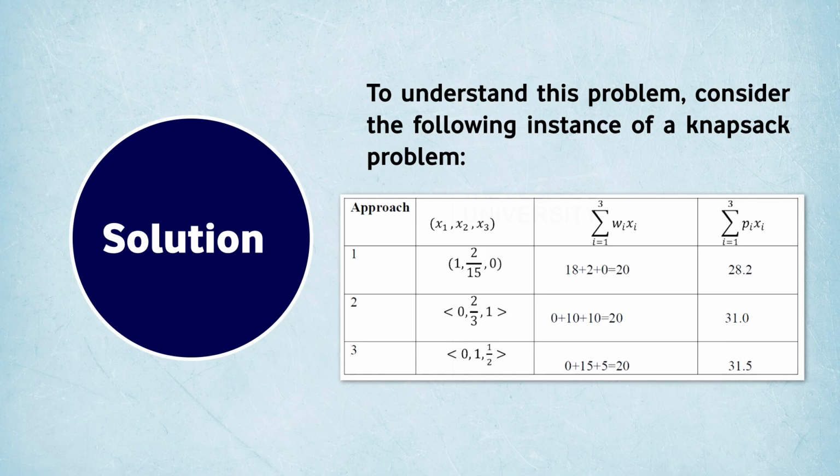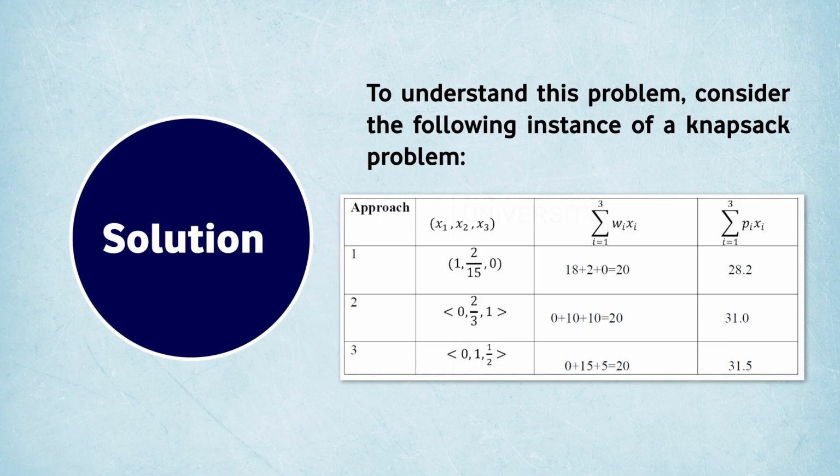Similarly, for the third approach, which is the best approach in this example as well as the mostly followed approach, you check the profit by weight ratio. What I mean by this is that first take the profit 25 divided by 18. Next, take item 2, 24 divided by 15.